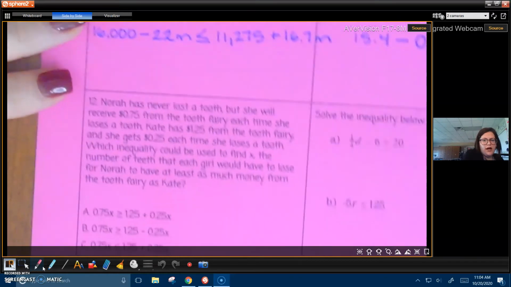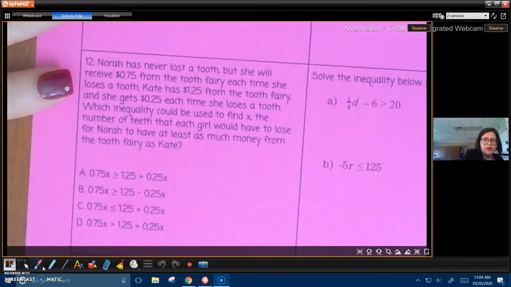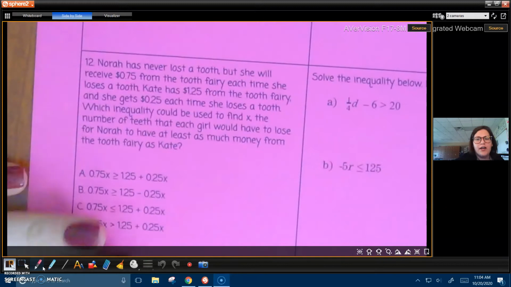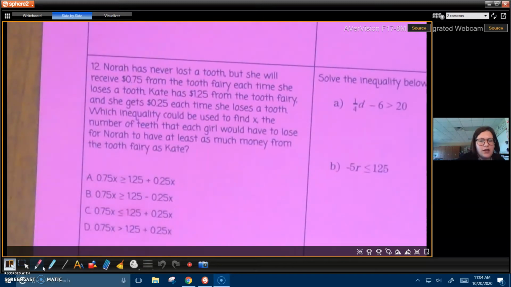Let's look at number 12. Nora has never lost a tooth, but she will receive 75 cents from the tooth fairy each time she loses a tooth. Kate has $1.25 from the tooth fairy, and she gets 25 cents each time she loses a tooth. Which inequality could be used to find X, the number of teeth?